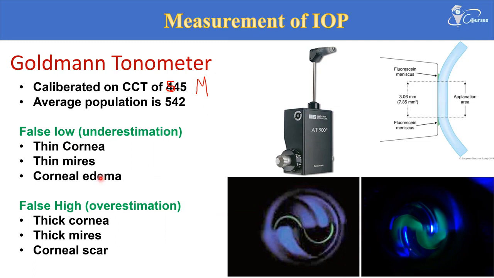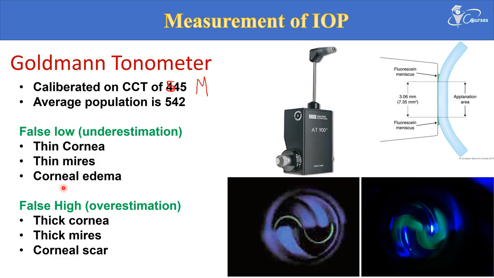Also, if there is corneal edema, you may be surprised why corneal edema causes a false low or underestimation. It should be that the corneal edema is causing thickening of the cornea, so thickening of the cornea should cause overestimation. Well, the corneal edema makes the cornea thicker, but it is more soft.